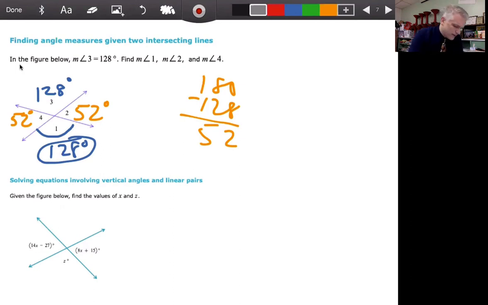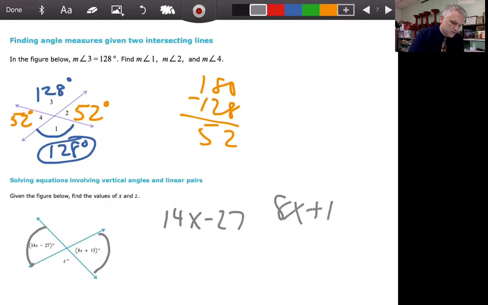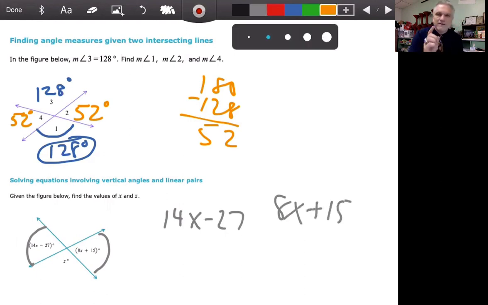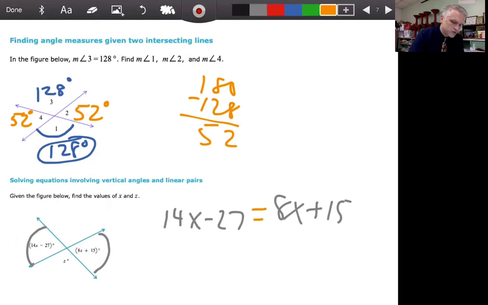So I have to find an equation for these two angles. What is the relationship between those two angles? They're vertical angles, so their measures are equal. The angles are congruent. So we're going to take 14x minus 27, and 8x plus 15, and we're saying they're vertical angles, so their measures are equal.